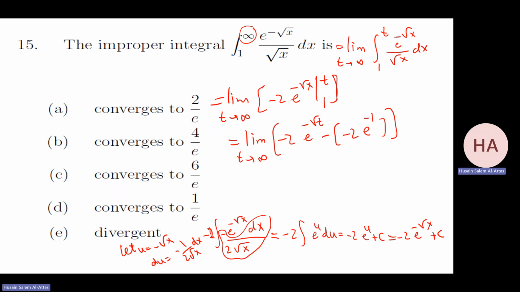Okay, now t goes to infinity. Minus square root of t will go to minus infinity. So e to the minus infinity will go to 0. So all of this is 0. This minus, that will be plus 2 over e. And that will be 2 over e. And that's my answer.